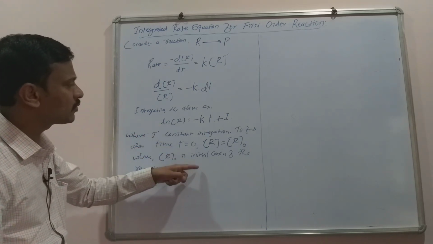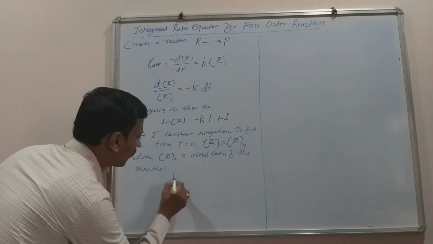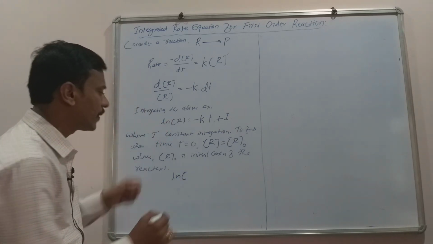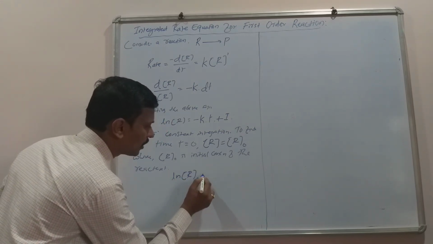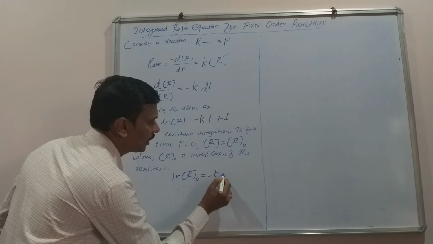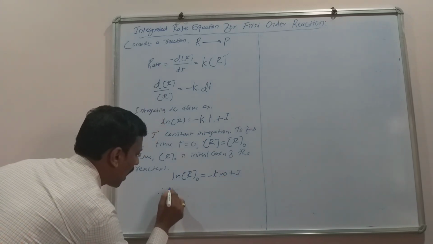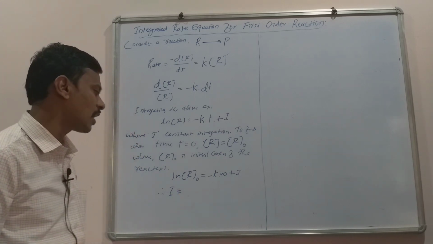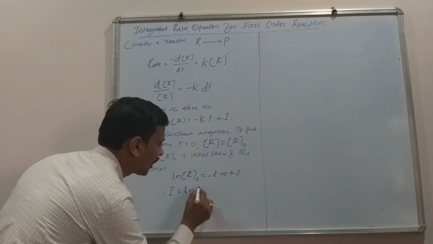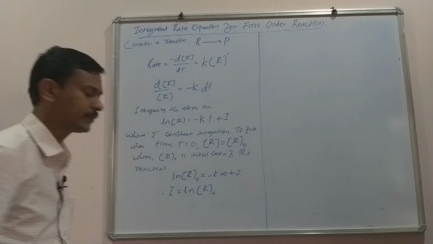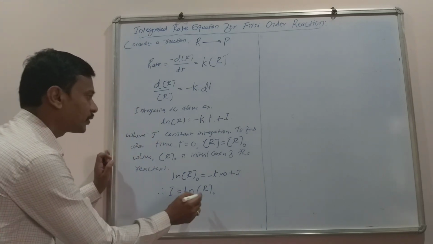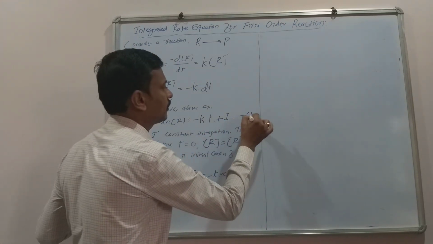Now substitute these values in the above equation. Therefore, ln R will become ln R naught. When t is equal to 0, R will become R naught, minus k times 0, plus I. Therefore, I is equal to ln R naught. This is called equation number 1.